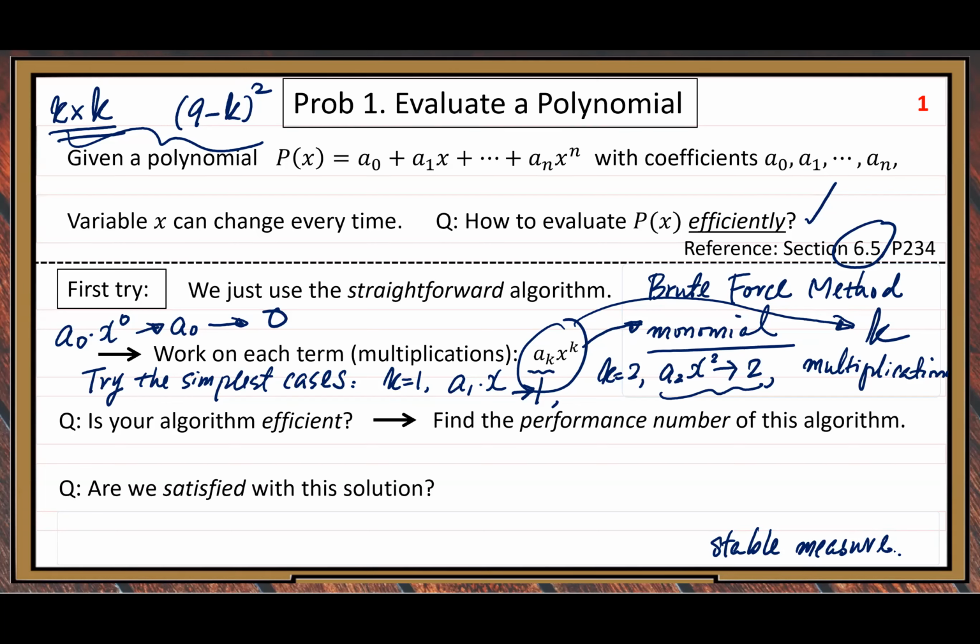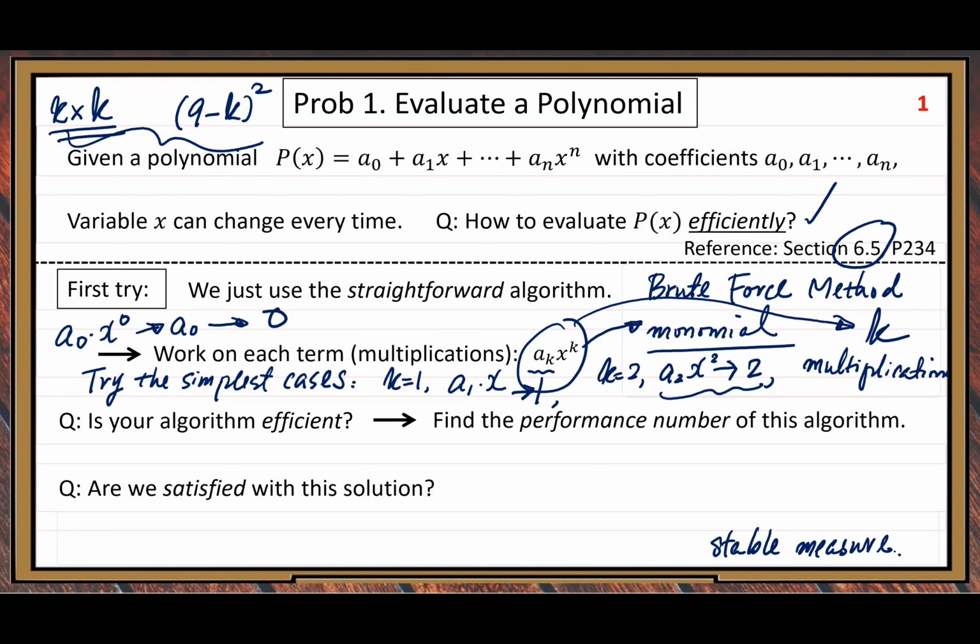Another question: are we satisfied with this solution? At this point, that's the only solution we have, right? Because we do not know the second solution. If we have no second choice, that's the only one we can take. So to answer this question, first we need to find the second solution.